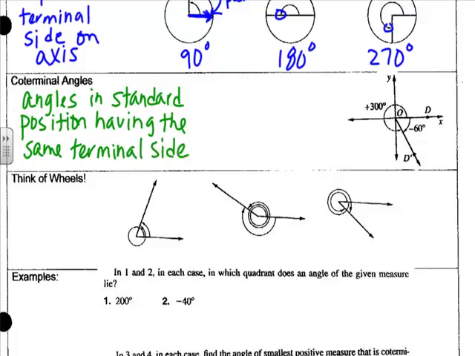So they are basically angles that start from the same place, standard position over here, and they end at the same place, but they take a different path.